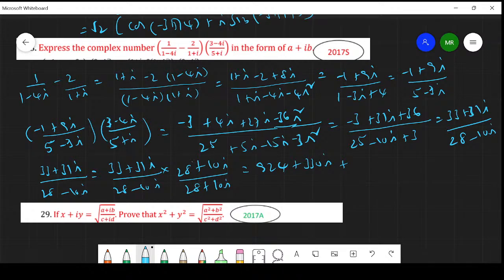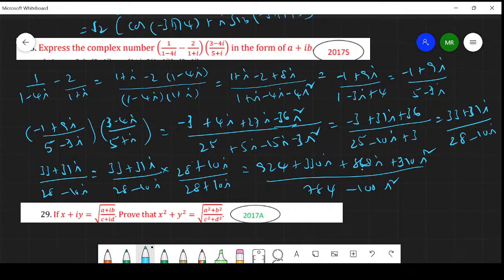So that will be 868i, and again 31 into 10i, you will get 310i square, and 28 into 28, 784, minus 100i square.